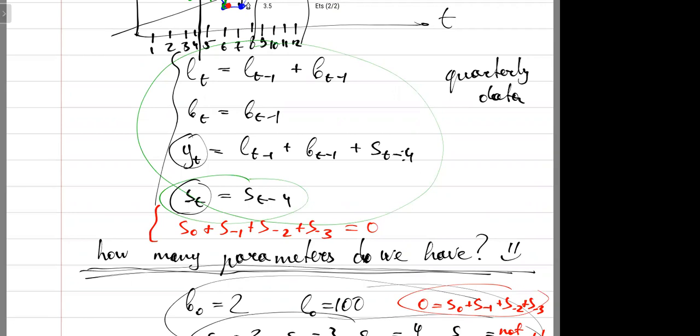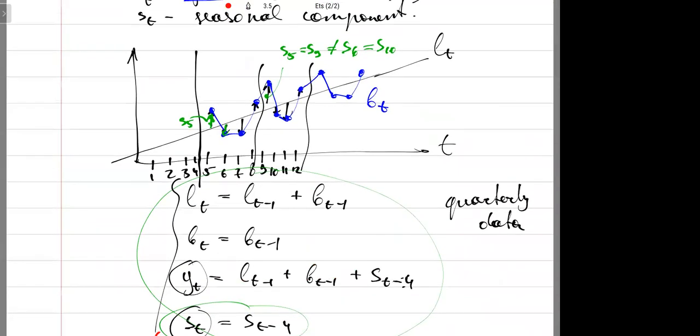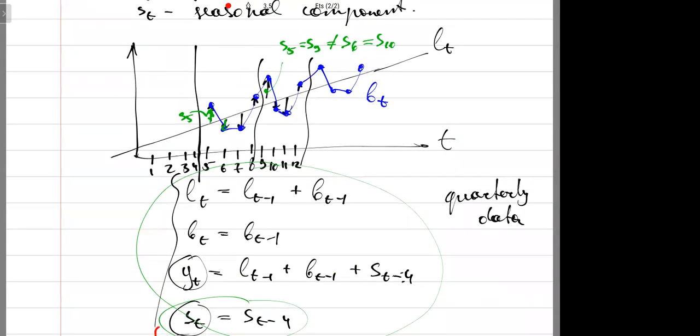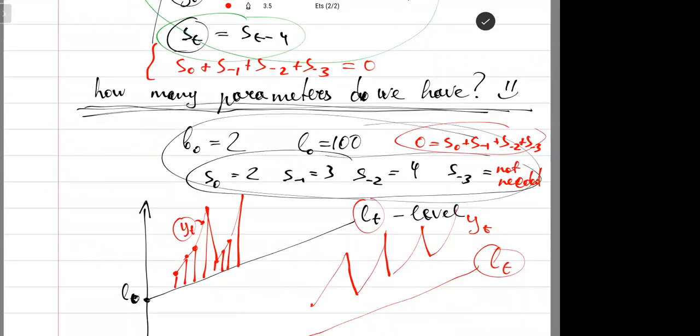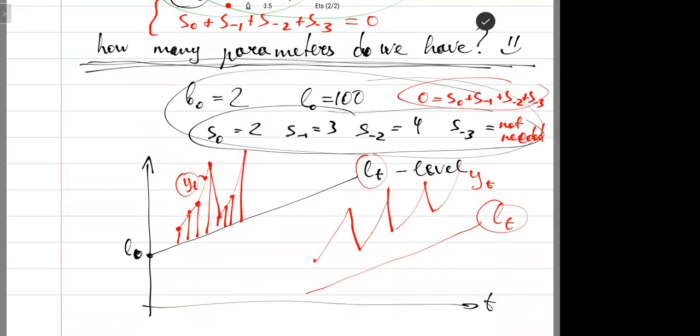That would be strange. Okay, bt is constant. In my example it is bt minus 1. So in this case we have 1, 2, 3, 4, 5 parameters to estimate.